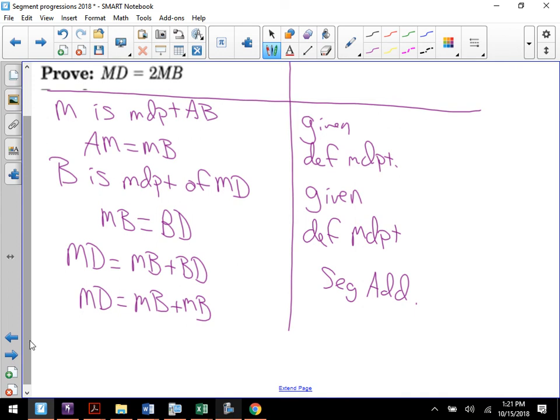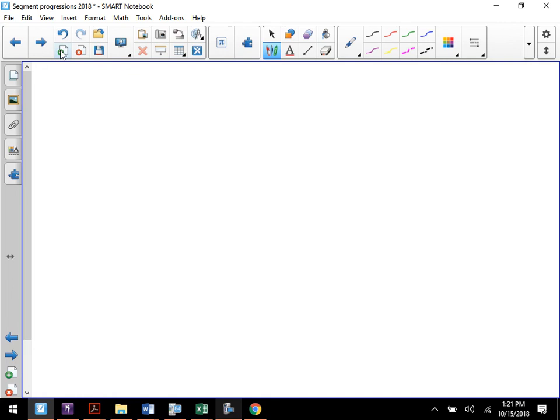Now these aren't numbered, and I'll show you which ones I want you guys to do. On the first page, the proof at the bottom.